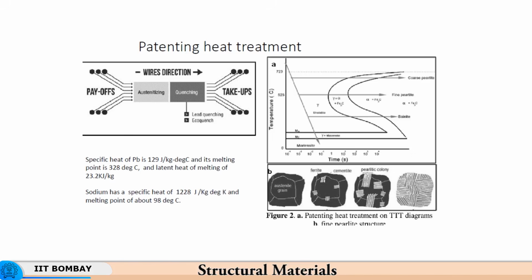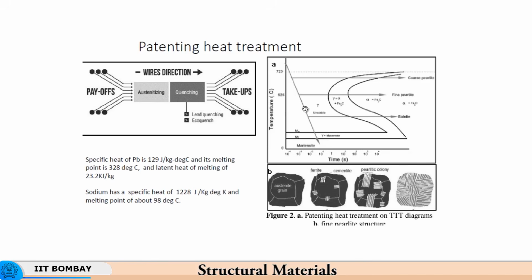Now if you compare high melting point materials, lead is ideal because its specific heat is 129 joules per kilogram degrees centigrade, which means that the temperature of the lead bath is not going to change in spite of a lot of energy being given away.